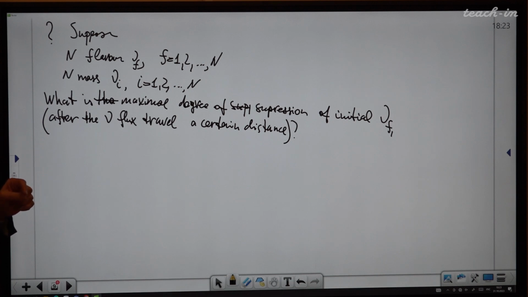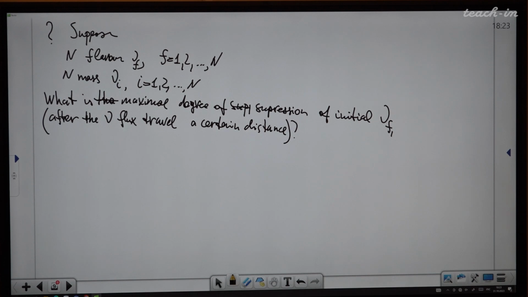Because we have just a moment ago fixed our attention on the result we obtained, that in a real experiment, the probability doesn't depend on the mass square difference. It only depends on the way neutrinos mix with each other. It depends on the mixing.